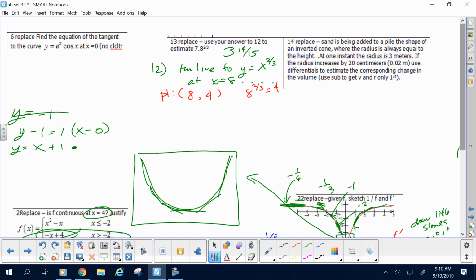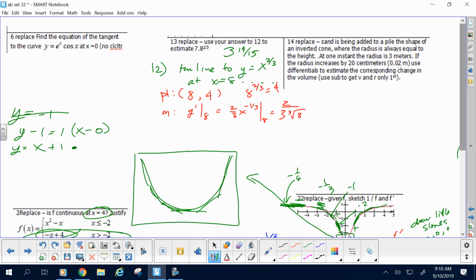The slope, clearly communicating not just what the number is, but what the process is in finding it. How do you find the slope of a tangent line? The derivative, either y prime at 8 or dy/dx at 8. I didn't use function notation here. So what's the derivative of x to the 2/3? 2/3 x to the negative 1/3 at 8, or 2 over 3 cube roots of 8.